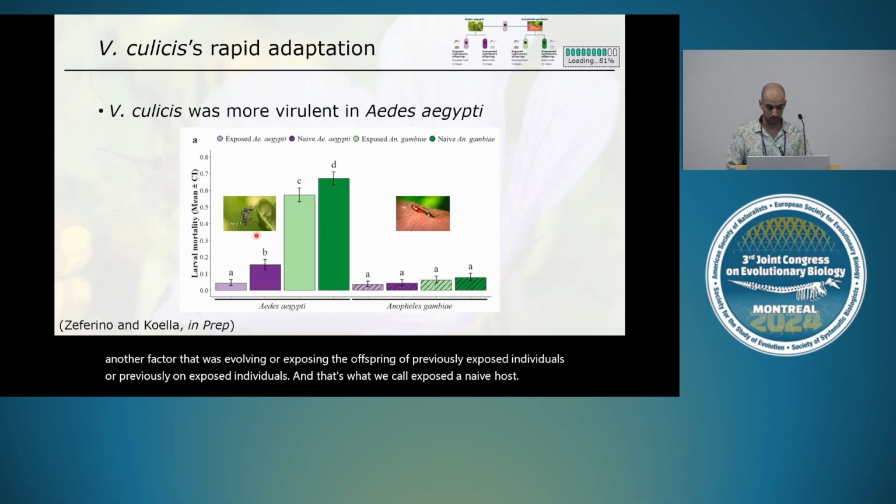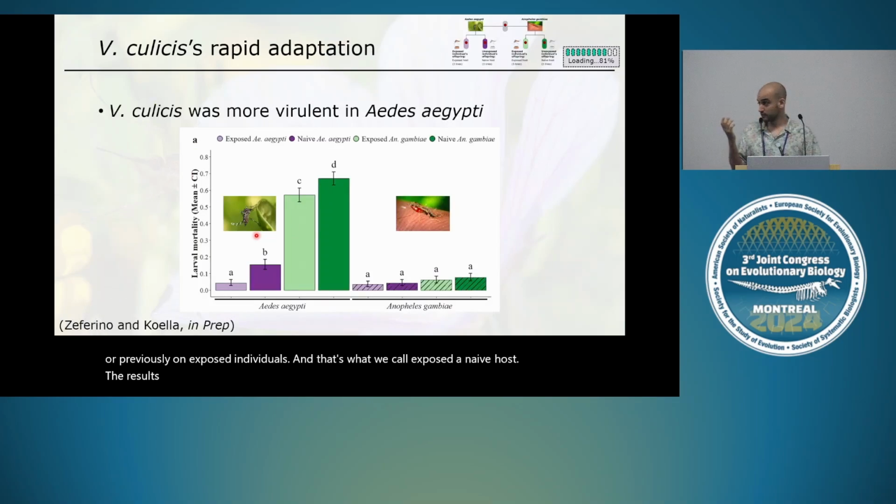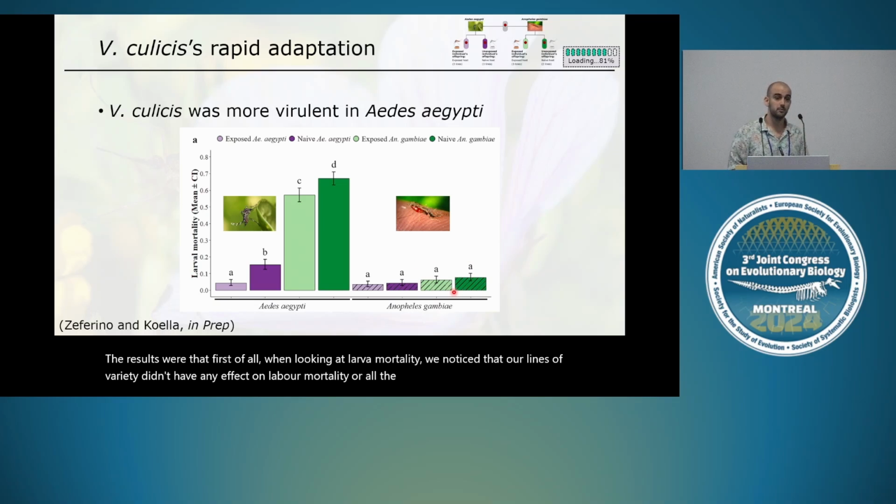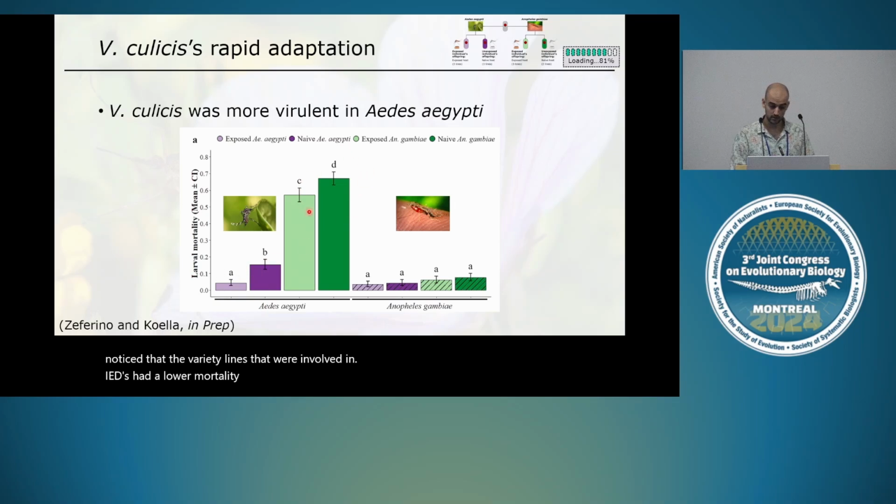And the results were that, first of all, when looking at larval mortality, all the lines of Vavraria produced around the same larval mortality when looking at Anopheles gambiae. However, when looking at Aedes aegypti, we noticed that the Vavraria lines that were evolved in Aedes had a lower mortality than the ones that were evolved in Anopheles gambiae.